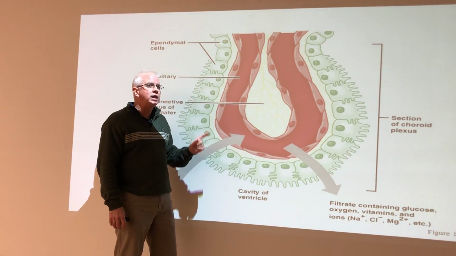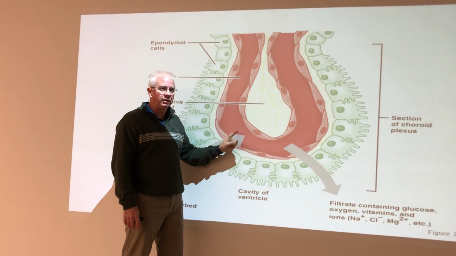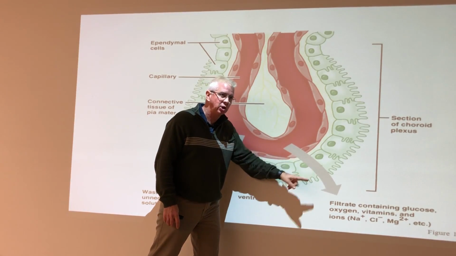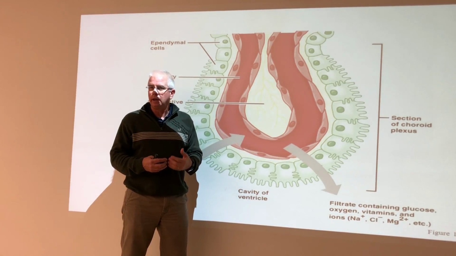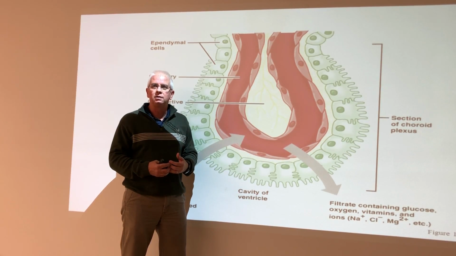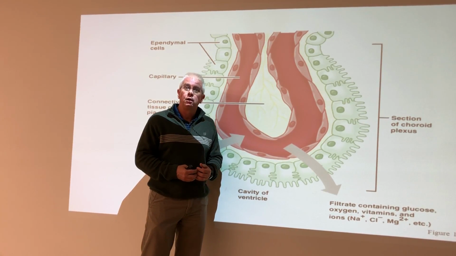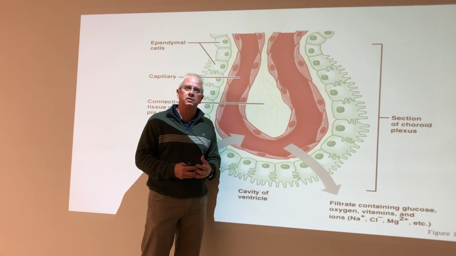So the liquid contents of the blood within the capillaries diffuse out of those capillaries, as this gray arrow is showing you, and leave that fluid inside the brain cavities, inside the brain ventricles. Where does cerebrospinal fluid come from? This is plasma. Cerebrospinal fluid is plasma that has leaked into the nervous system through the choroid plexus capillaries.